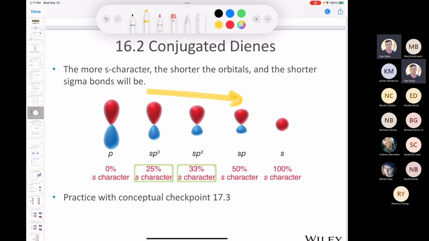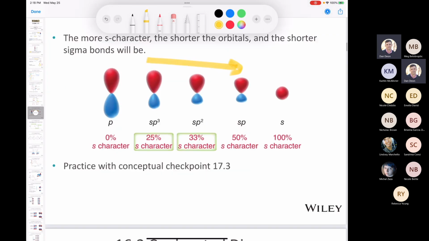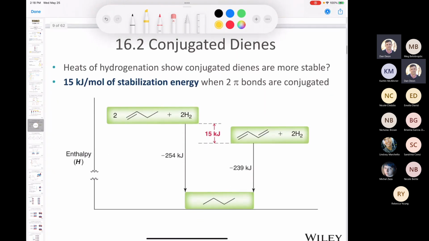But let's talk a little bit more about these conjugated dienes. Something else that's interesting about conjugated dienes, besides the bond length of the sigma bond in the conjugated system being shorter than that in a non-conjugated system, is that if you look at the heat of hydrogenation of this compound here, and we're going to see this compound a lot, this is 1,3-butadiene.